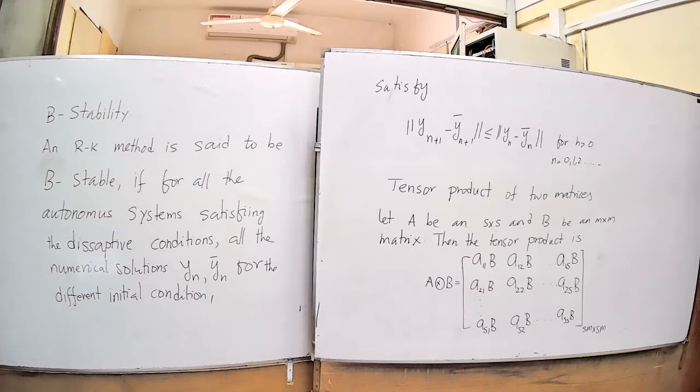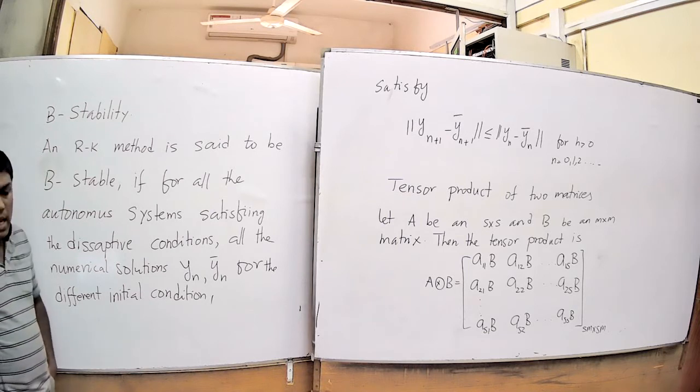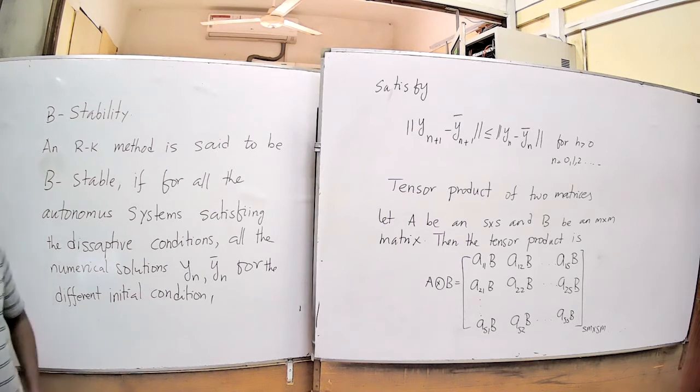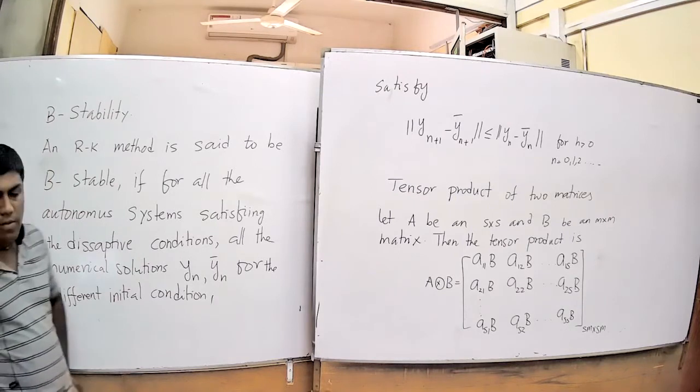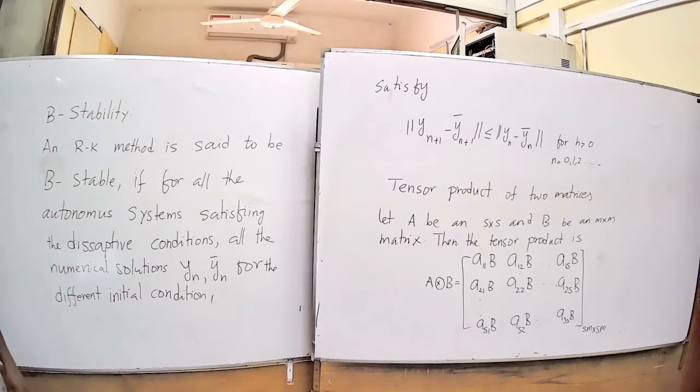Here we say A cross B, where we put a circle around the cross just to denote the tensor product. Some books denote this as the Kronecker product as well. If you see the Kronecker product of two matrices, you might see a similar definition as well. That's how some books define it.